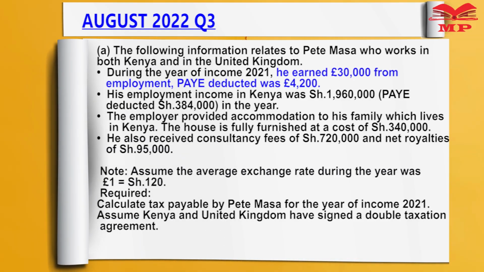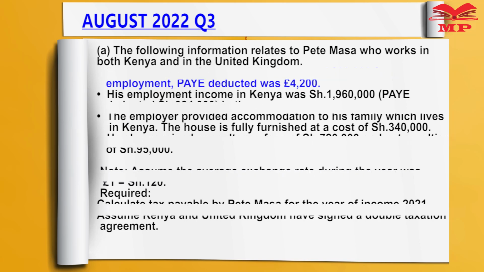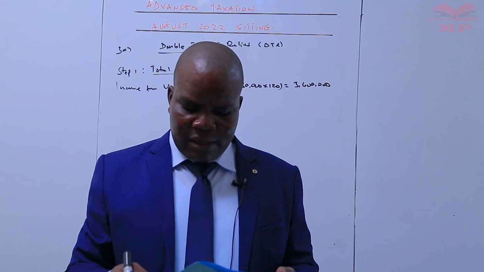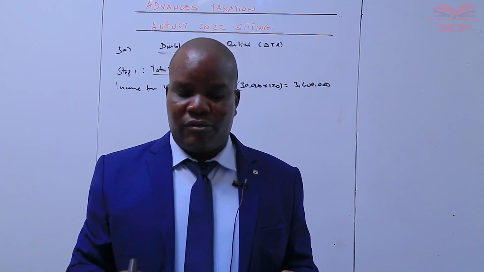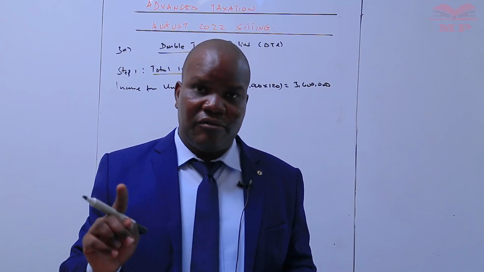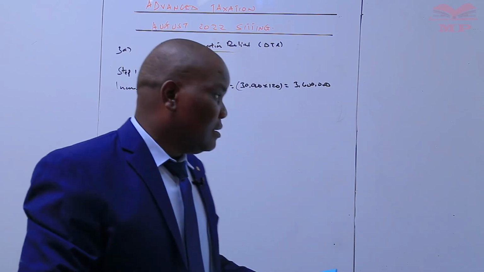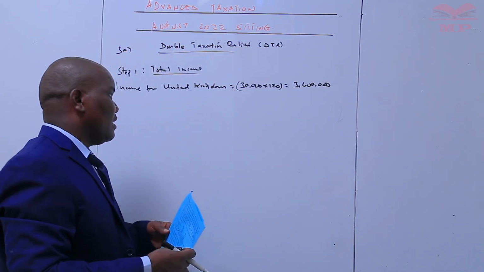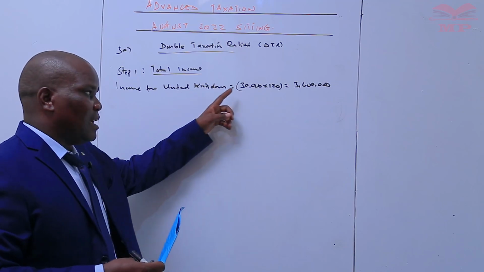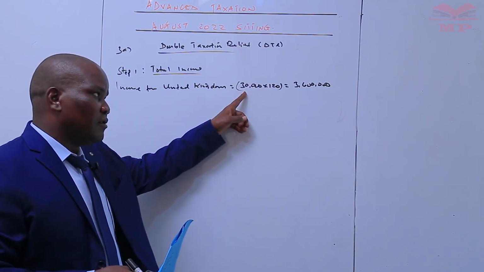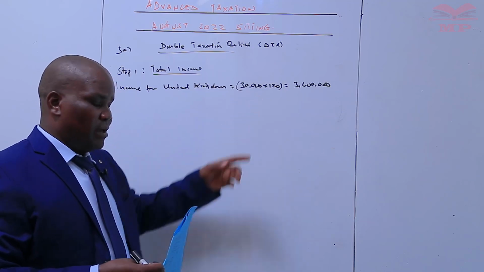So listen to this. We are told he earned £30,000 from employment. Pay deducted was £4,200. So here we are not told whether this 30,000 is net or gross of pay. So to be safe, we have to make an assumption. Under notes and assumptions, we can say that the employment income from the United Kingdom of £30,000 is assumed to be gross of pay, that is before pay is deducted.